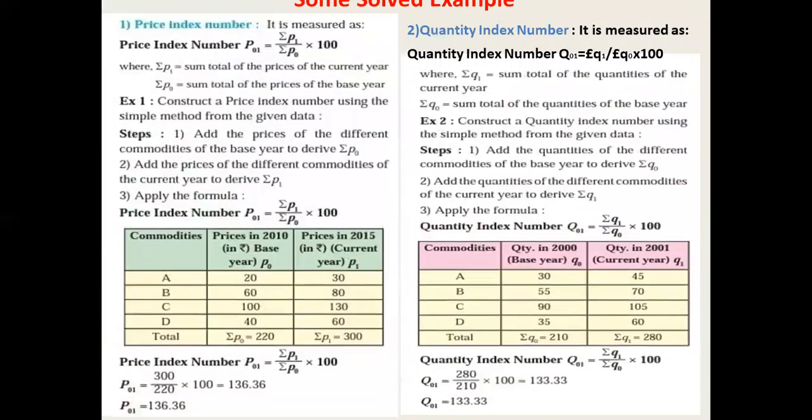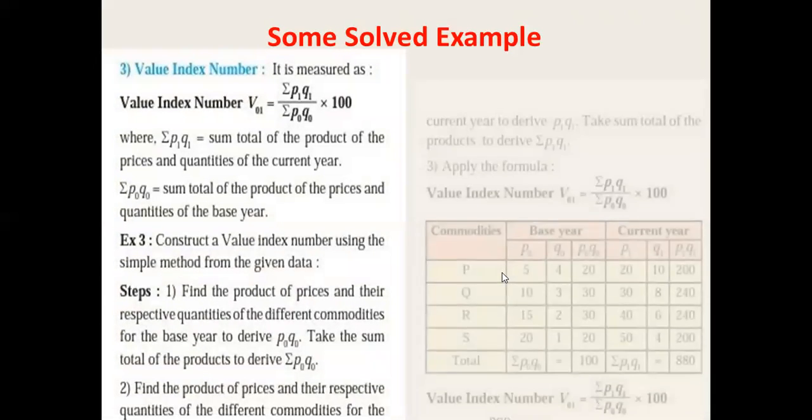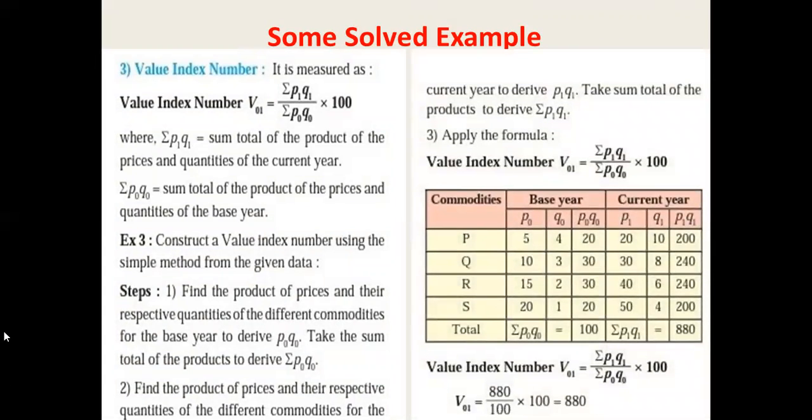Let's discuss the last point, the value index number. We compare the value of the commodities. The first is the price index number, where we compared the price. Next is the quantity index number, where we compared the quantity of the base year and current year. In the value index number, we compare the base year price multiplied by quantity with the current year price multiplied by quantity.